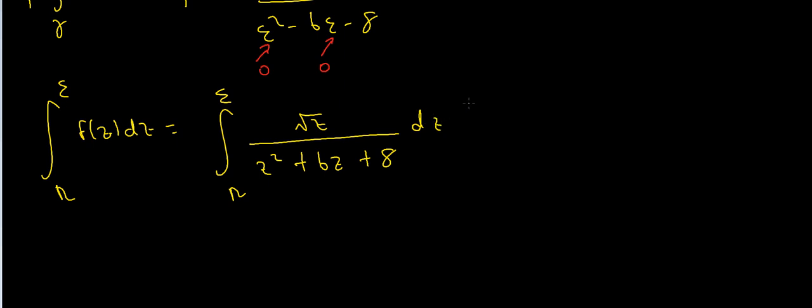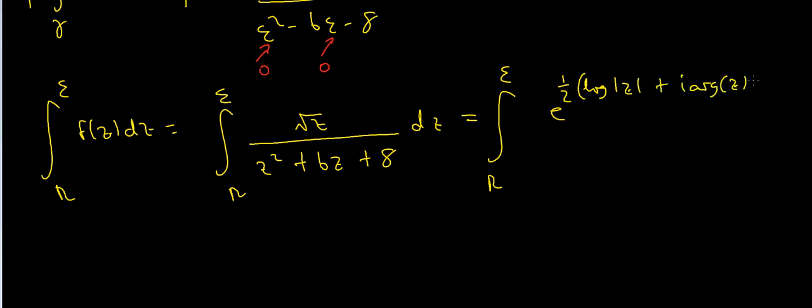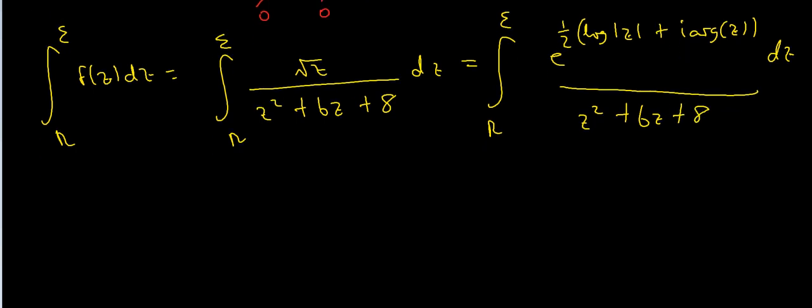And using my definition of the square root of z, using my branch cut, that's the integral from r to epsilon of e to the 1/2 log, so log of the modulus of z plus i arg z, dz, and I need to divide by this polynomial, just like that.